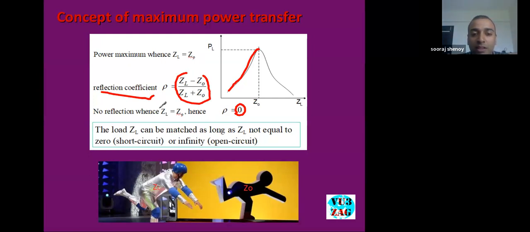So that means at resonance, the reflection coefficient value will be 0. And there is one more condition for impedance matching: the load impedance should not be a short circuit, and it cannot be an open circuit. So it should be some value there.